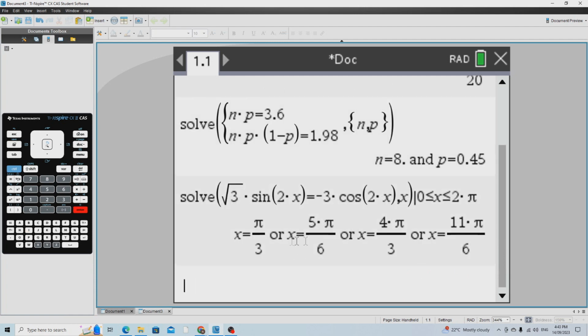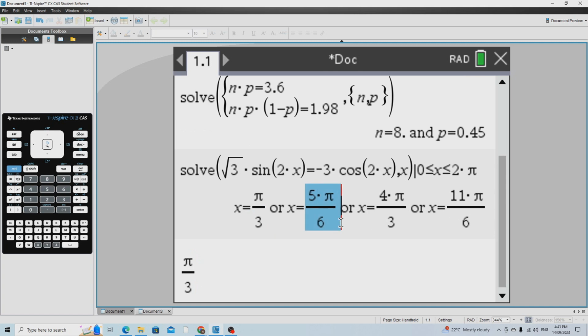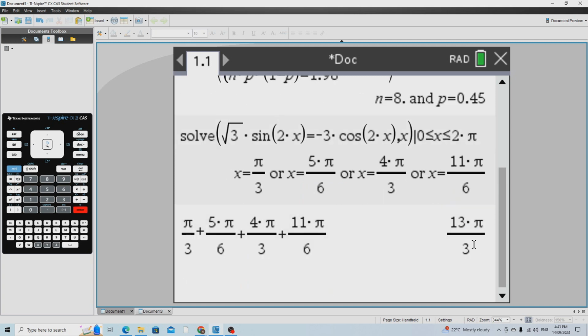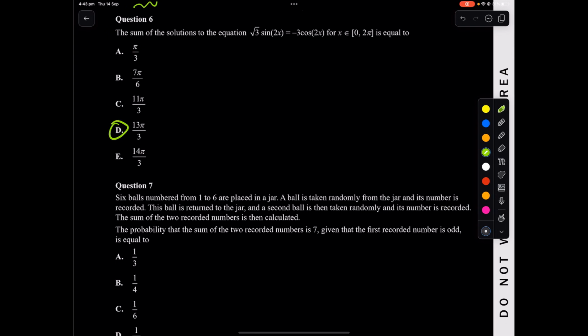And it gives you these ones. And I'm going to find the sum, I'm just going to add those here. And that's 13 pi over 3. So D is your answer.